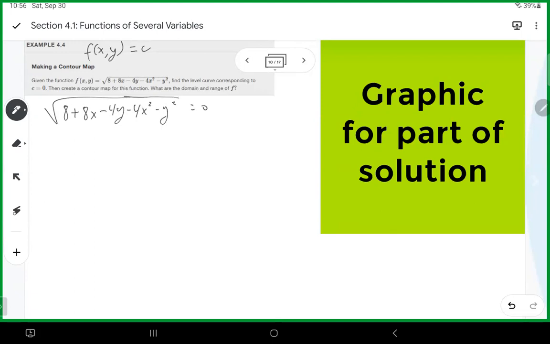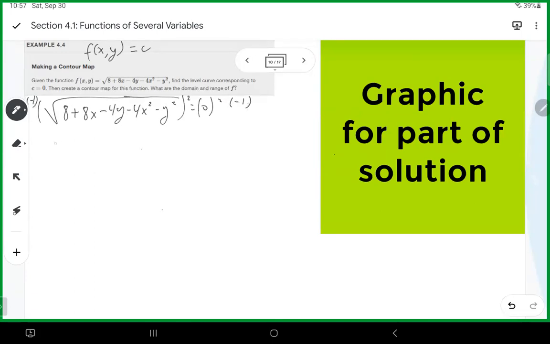So in this situation, we know we can just get rid of the square root right off the bat. And the other thing we're going to do is also multiply both sides by -1, times -1 and times -1.